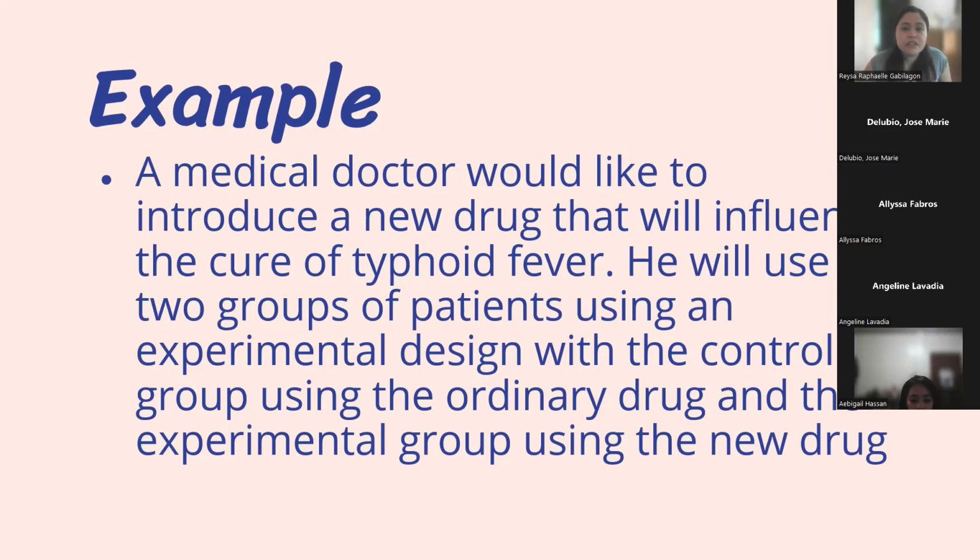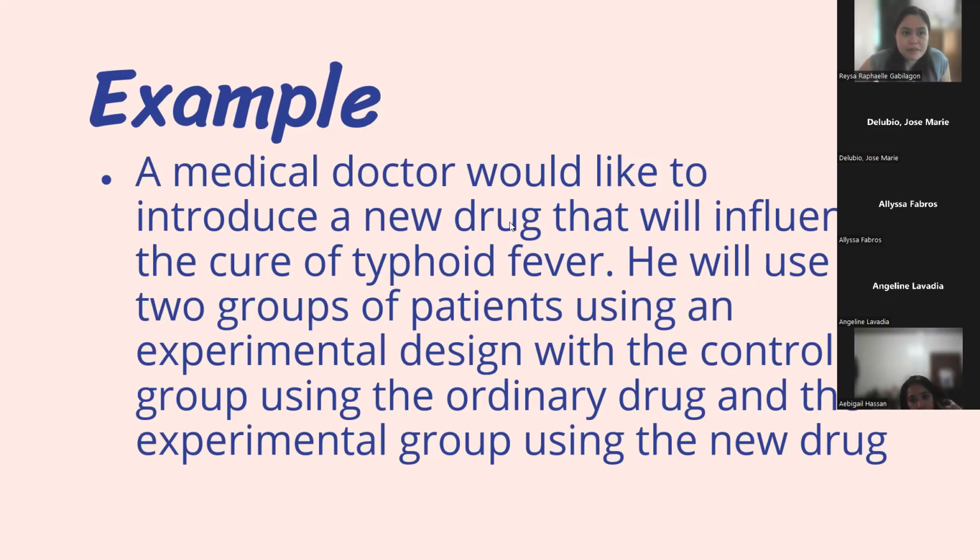Yung experimental group will receive the new drug na ipopropose niya for typhoid fever, while the other one, the control group, will just receive the ordinary drug that we have in the market, which is already proven to be a cure for typhoid fever.